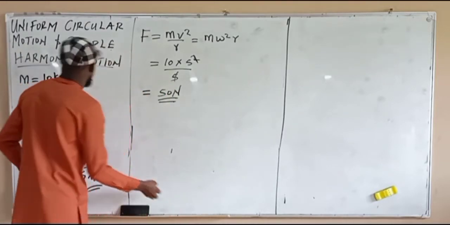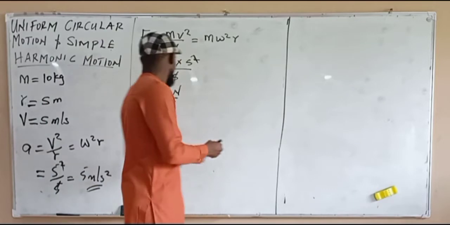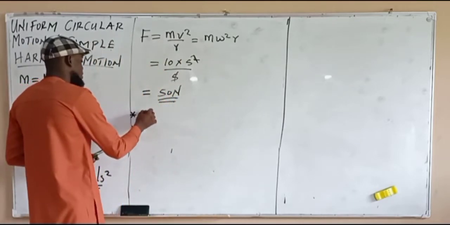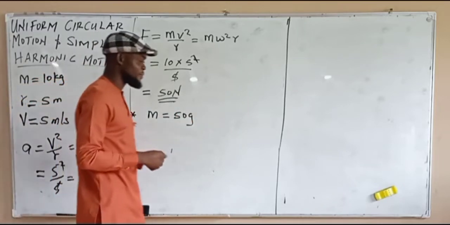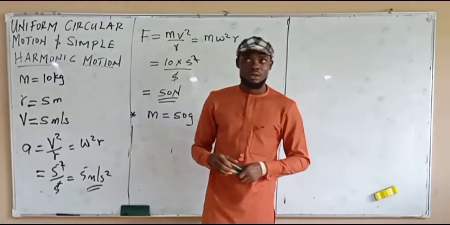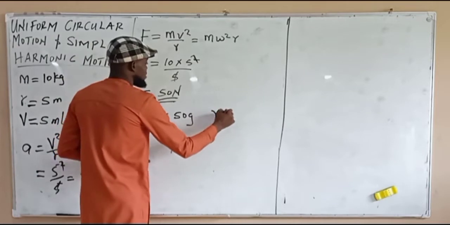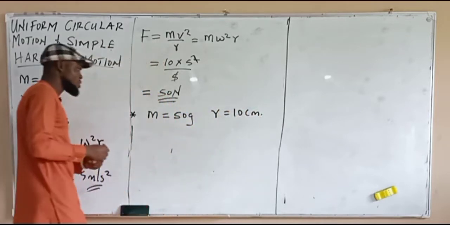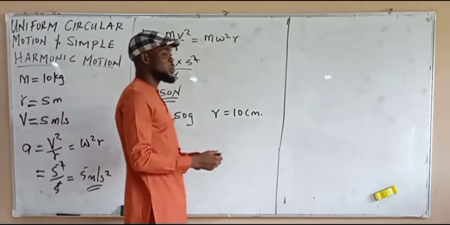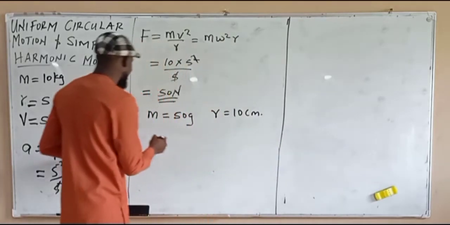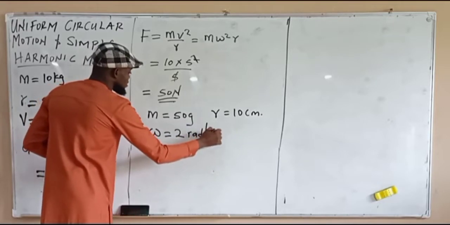So let's look at this next question, question 2. An object of mass 50 grams moves along a circular path of radius 10 cm with an angular velocity of 2 radian per second.